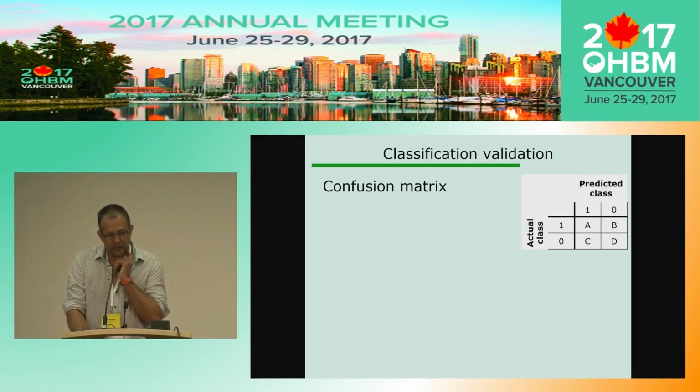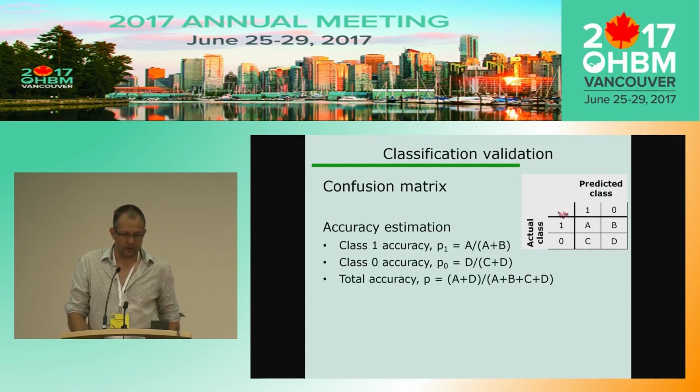So what you can do at the end, when you repeat, is build what is called a confusion matrix. So you have the predicted classes and the actual classes, and you put a number. So if you have your 100 samples, you will have how many times you did actually predict class 1 when it is actually class 1, and class 0 when it's actually class 0.